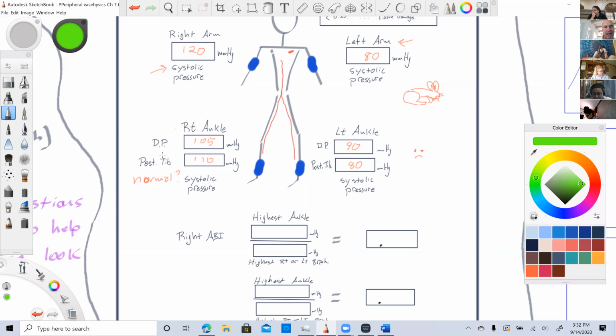If we're normal on this side, but apparently abnormal on this side, and it's both the dorsalis pedis and the posterior tib, we probably have something somewhere high inside the pelvis.